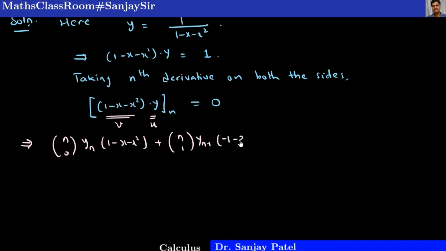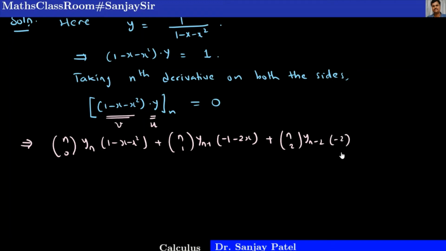So it is minus 1 minus 2x, okay, plus nC2, one less than this, that is yn minus 2, and the derivative of this thing is 0 minus 2. So it is simply minus 2.